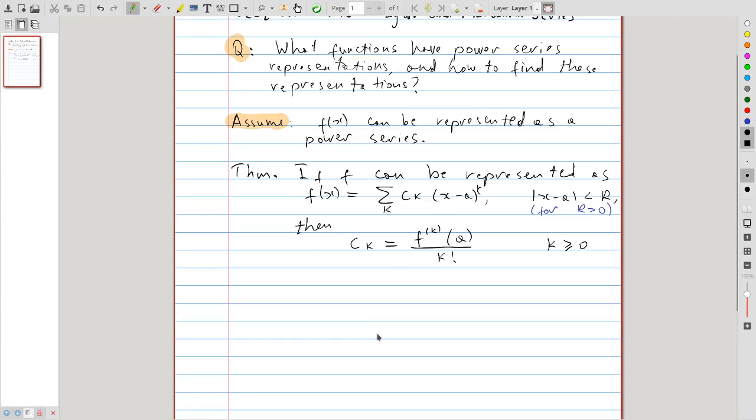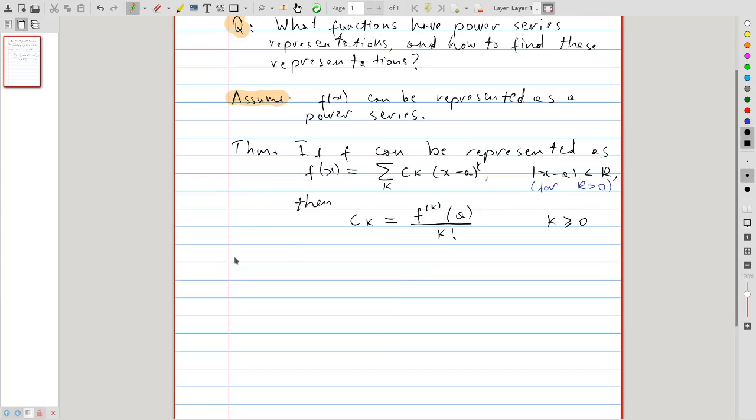So we should say here that our notation is the following. Here f with superscript k is the kth derivative, and f to the 0th is equal to the function itself.